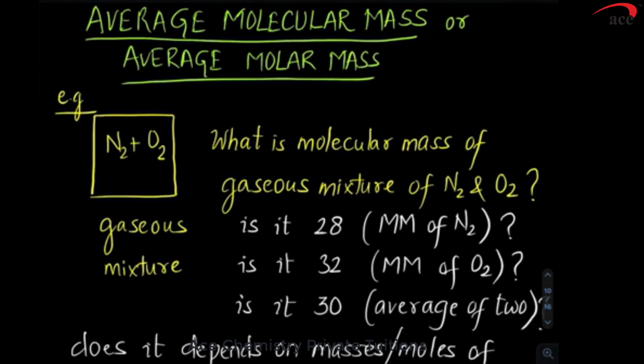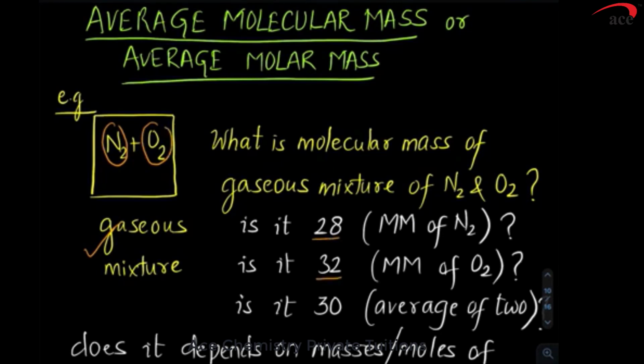So, another very interesting concept: average molecular mass, or average molar mass. Now this topic doesn't exist in the NCERT textbook, but we felt it is relevant and it can be easily understood by any student who understands the average atomic mass concept. What you are able to see here on the screen is a gaseous mixture made up of nitrogen and oxygen.